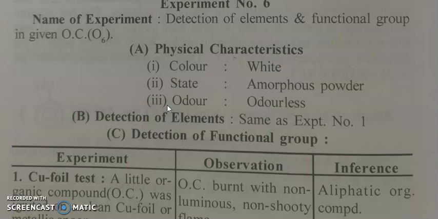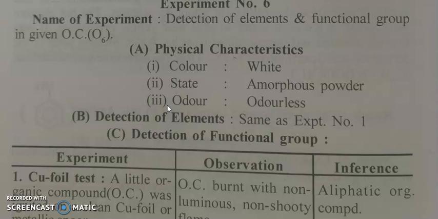The solution was cooled under tap water and excess silver nitrate solution was added. No white or yellow precipitate was obtained, meaning chlorine, bromine or iodine is absent. Thus, the organic compound contains carbon, hydrogen or oxygen, with nitrogen, sulfur, chlorine, bromine and iodine absent.